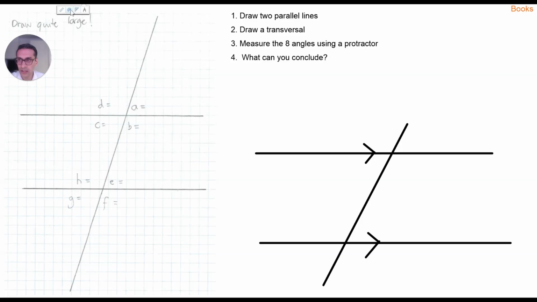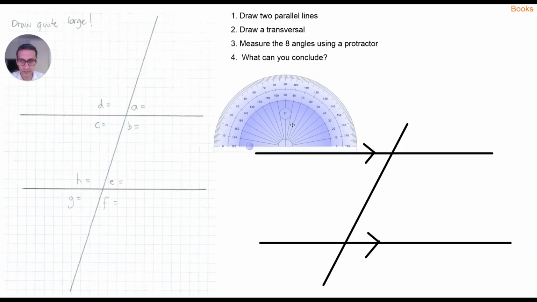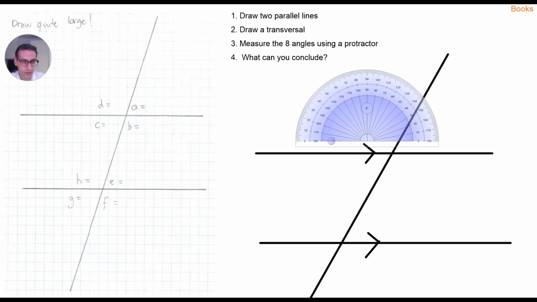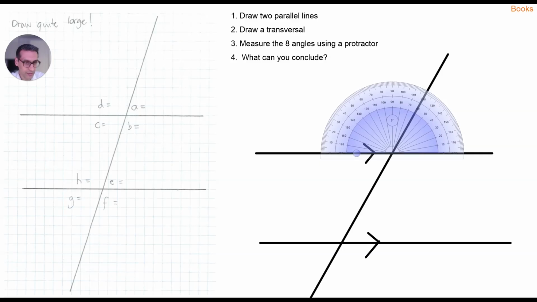In this case, if we get the protractor out, we can see that angle A, so let's call this angle A here. I'm just going to make the line bigger so I can use my protractor. This angle here, starting from 0 on the inside scale, we go up, and you can see it goes up to 60 degrees.